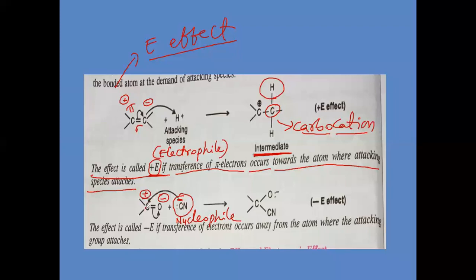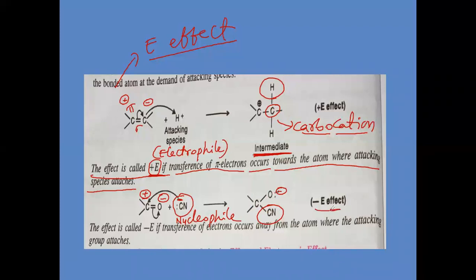So O minus will be there and C plus will be there. The C plus will attract CN minus. Then the CN is attached to carbon. The cyanide attacking reagent is attached to the carbon atom. And still there is negative charge on oxygen. So like this, one species will be developed here.